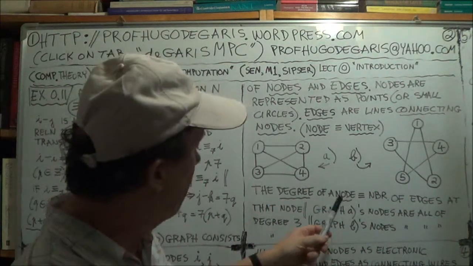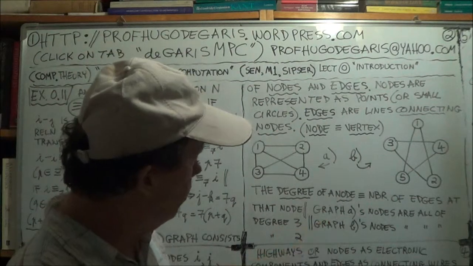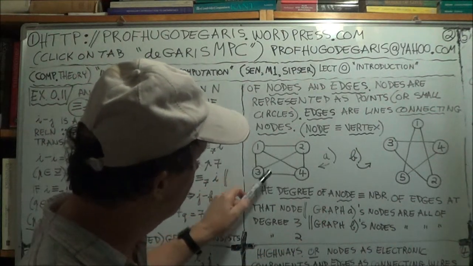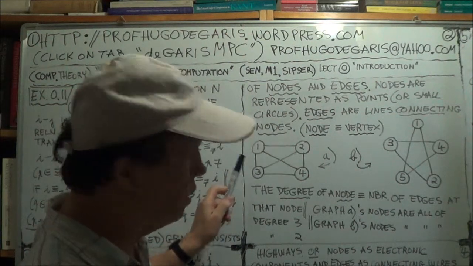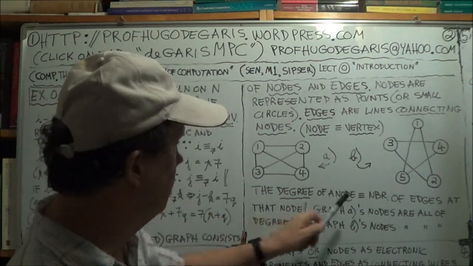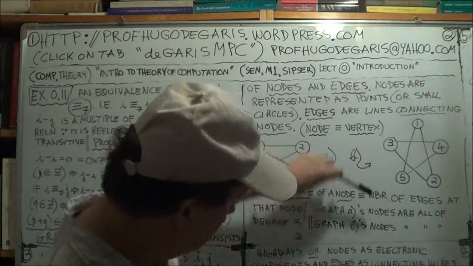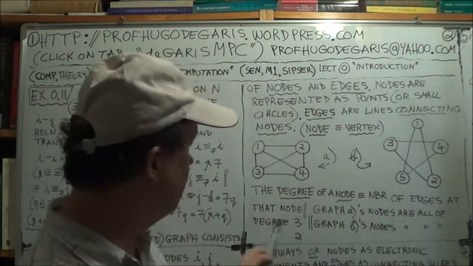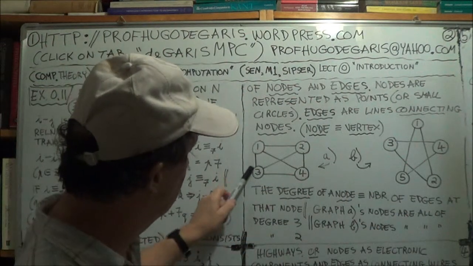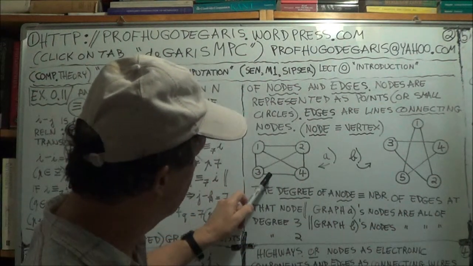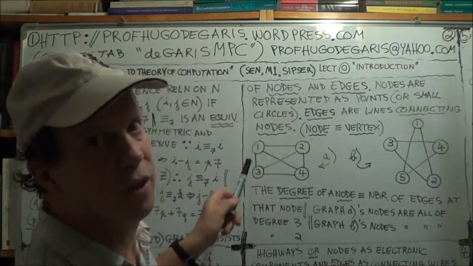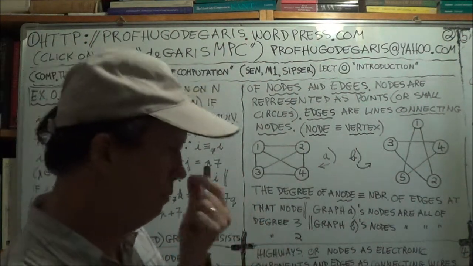So what does the degree of a node mean? It means how many edges touch it. By definition, it's the number of edges at that node. Here's a node. It's got 3 edges at the node, touching the node, meeting the node, whatever.